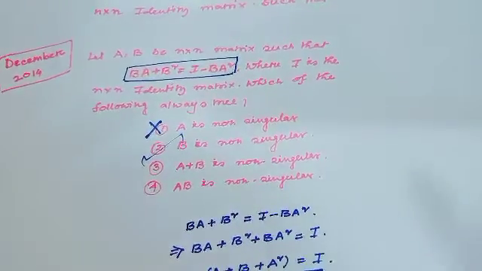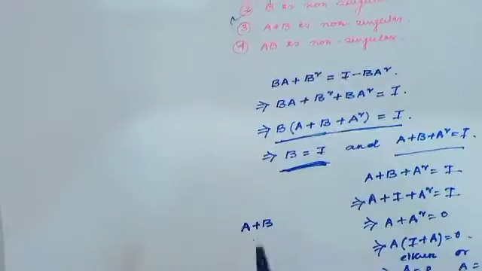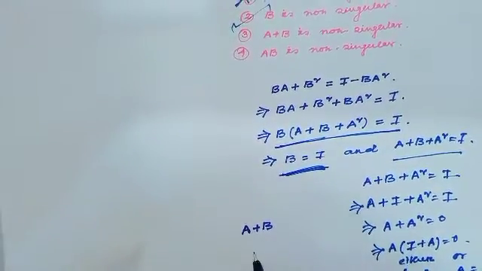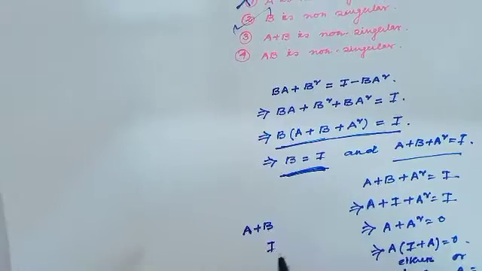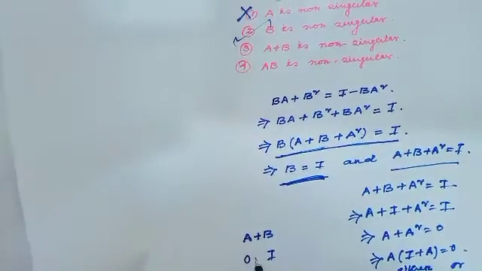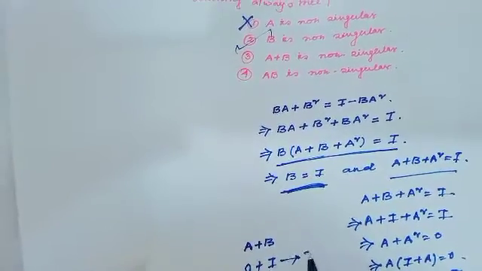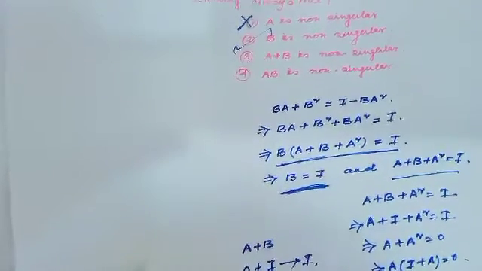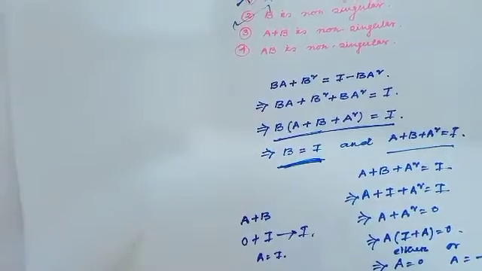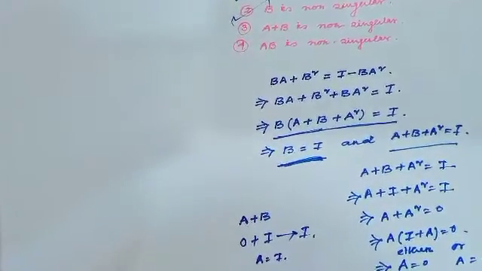Now the question about A plus B and AB. Here, for A plus B, just put the value: B is always identity, but A can be either 0 or minus I. When A equals 0, the sum is identity, but when A equals minus I, then minus I plus identity equals 0.